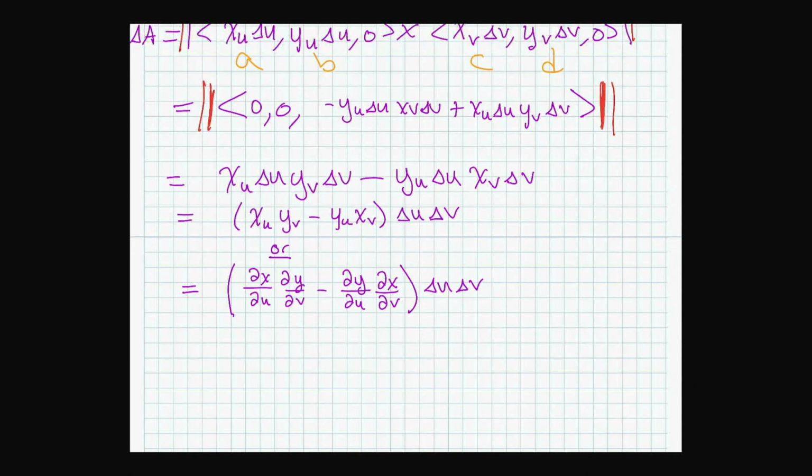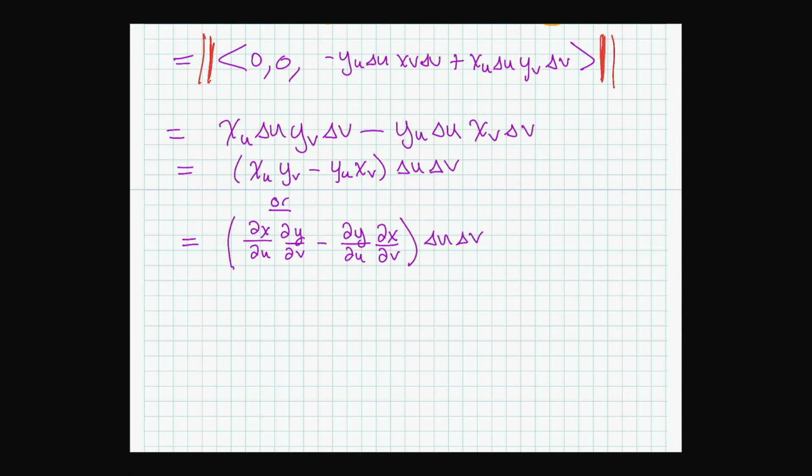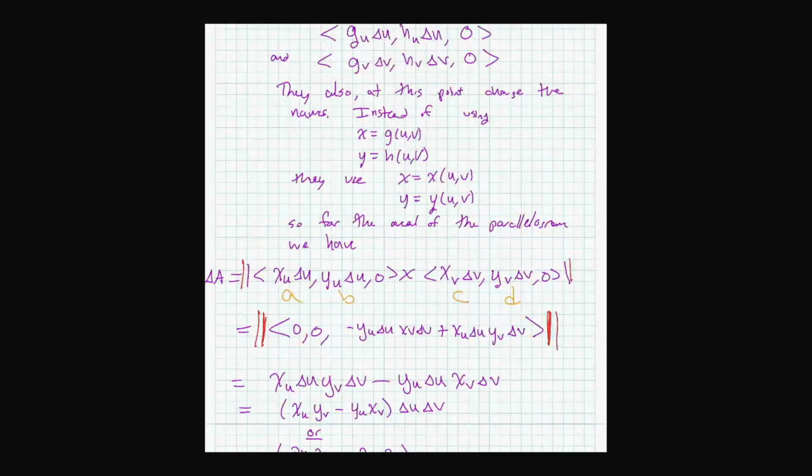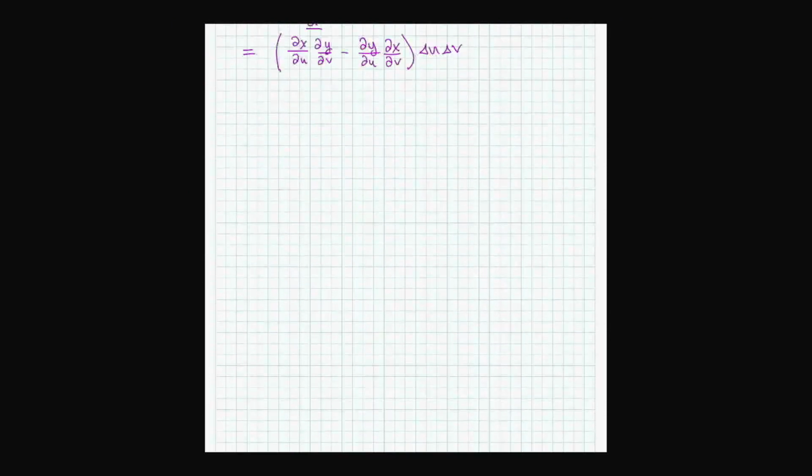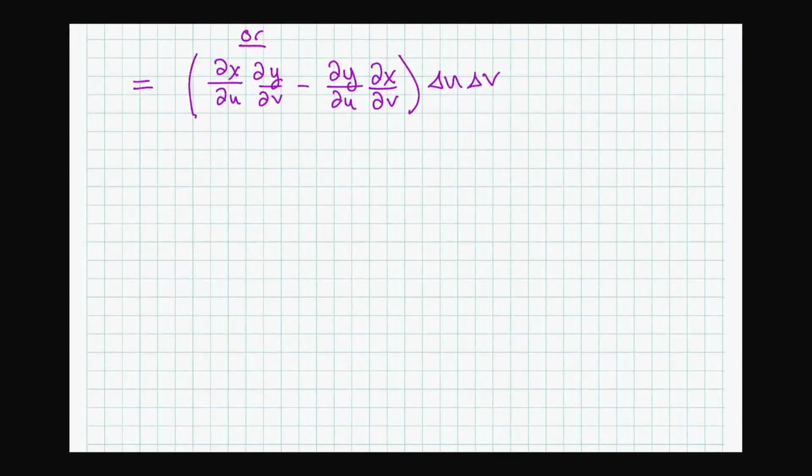Now, with all of this done, we just want this result. The thing that's in the parentheses there is just what we call the Jacobian. So this is just a definition.